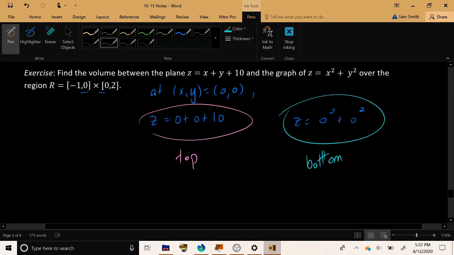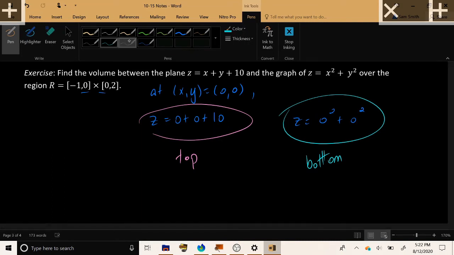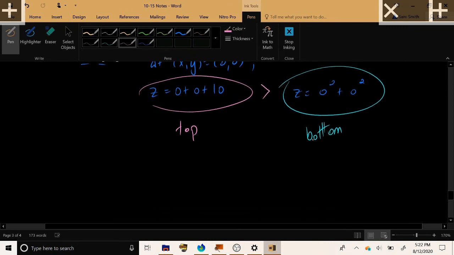All right, so based on that, let's integrate the difference between the top function and the bottom function over this region, now knowing that the plane is above and has larger values than the paraboloid.